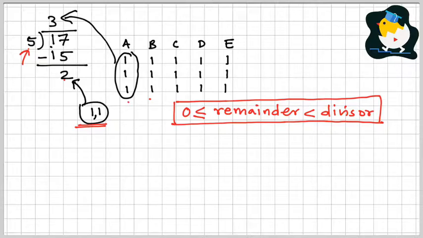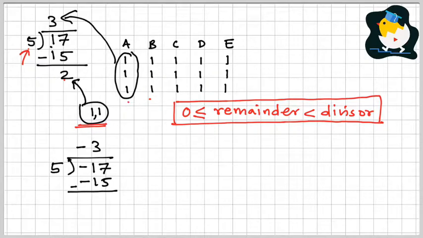Now, special case arises when we are dividing a negative number. Let's say we are dividing minus 17 by 5. In this case, 5 into minus 3 will be minus 15. Okay, when we subtract, it becomes plus and we have minus 2.